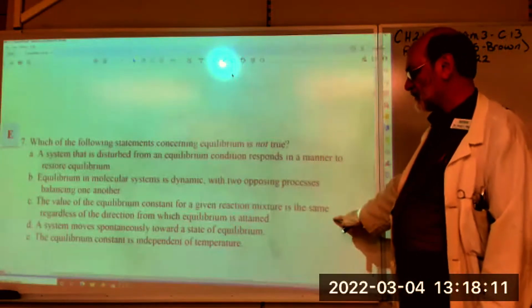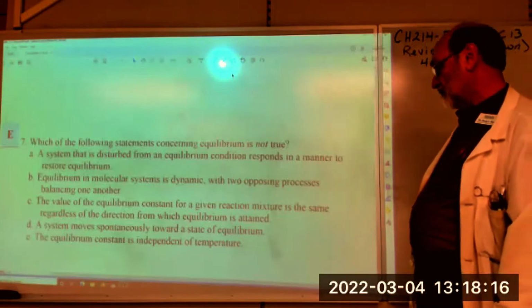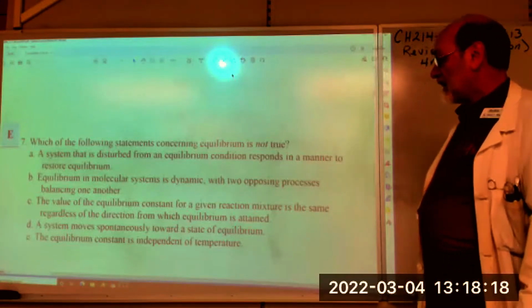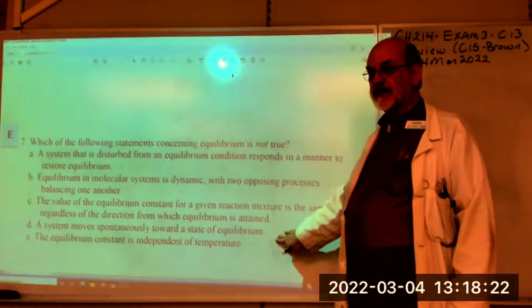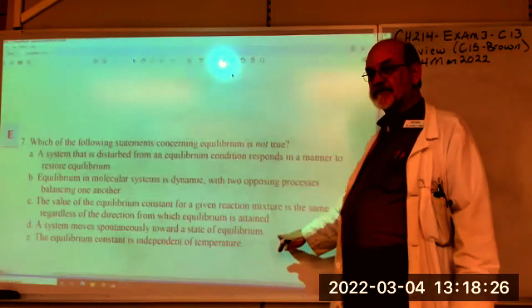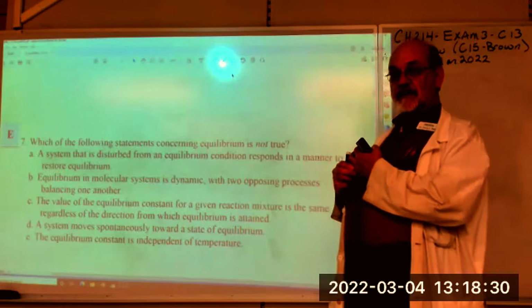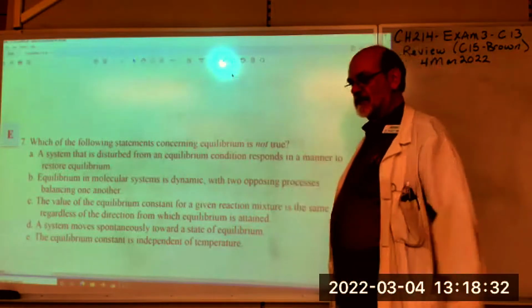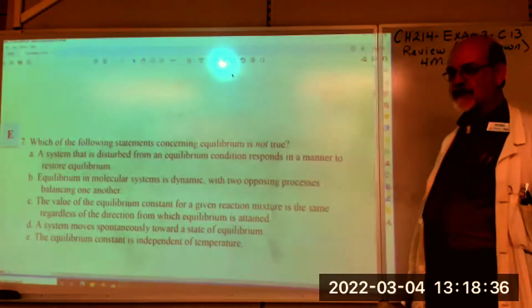The value of the equilibrium constant for a given reaction mixture is the same regardless of the direction from which equilibrium is attained. Yes, doesn't matter if it's coming from products to reactants or reactants to product. That value is constant. A system moves spontaneously toward a state of equilibrium. That is true. Now, it doesn't say anything about how long it takes. You know, that's kinetics, right? But it's on its way to equilibrium. Like I said, I may have mentioned this before. Diamonds, they're on their way to equilibrium by decomposing, actually reacting with oxygen.